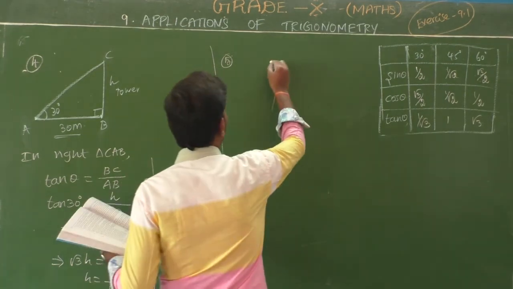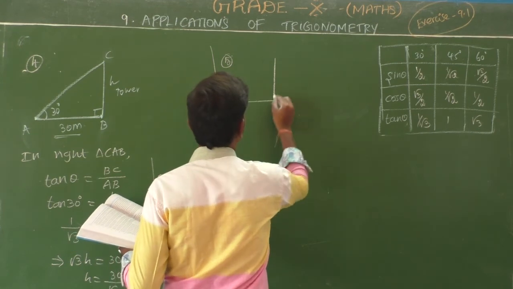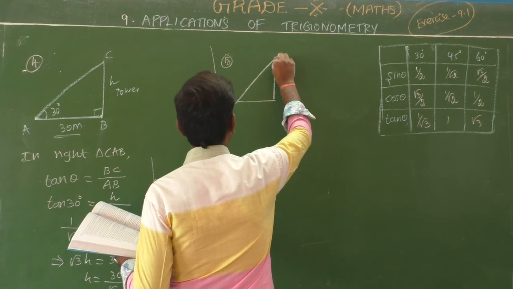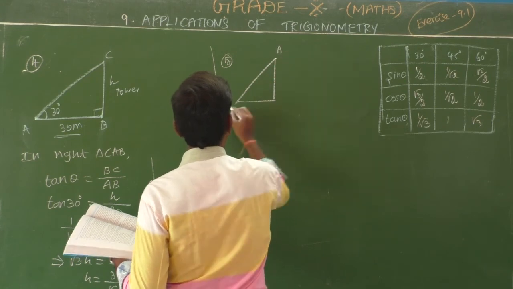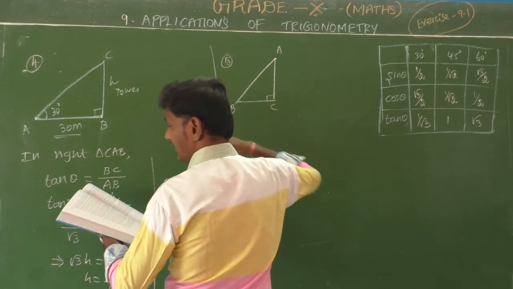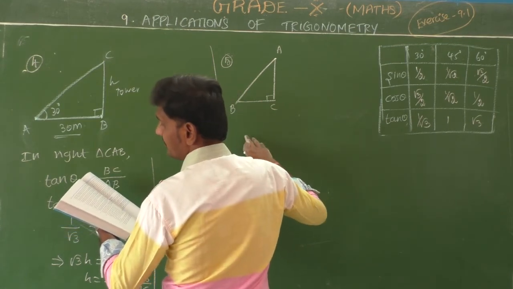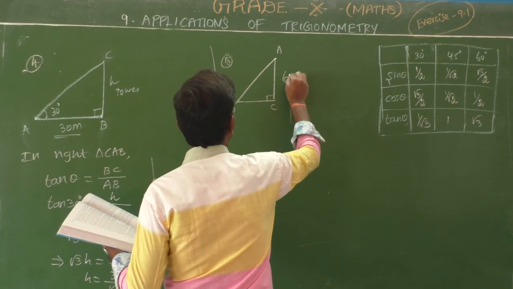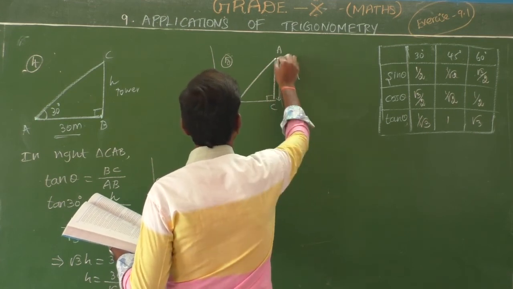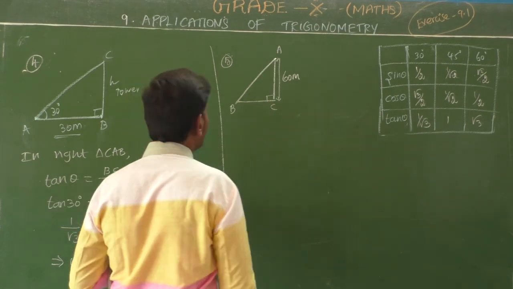Yes, student. Now see, I am going to give you one triangle like this. The kite is flying here, A, B, C. So this is at 90 degree. The kite is flying 60 meter away from the ground level.